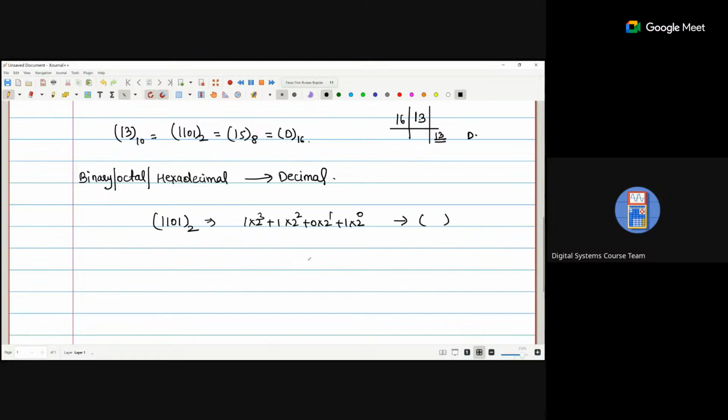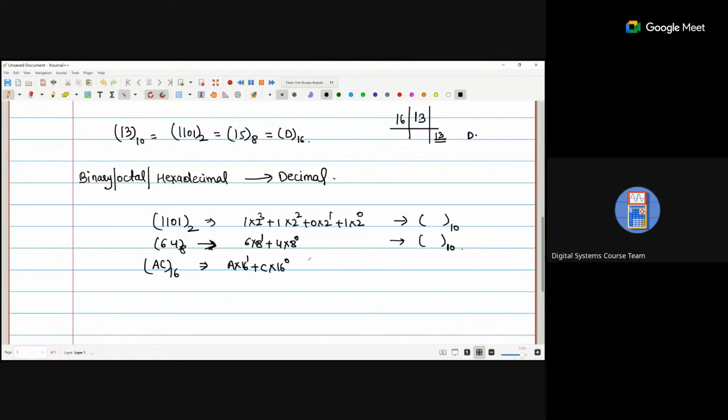If the number is 64 base 8, we multiply with the weights: 6 into 8 raised to power 1 plus 4 into 8 raised to power 0. If the number given is AC base 16, then A into 16 raised to power 1 plus C into 16 raised to power 0.